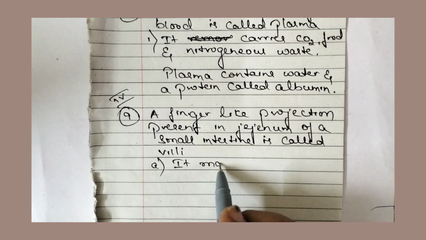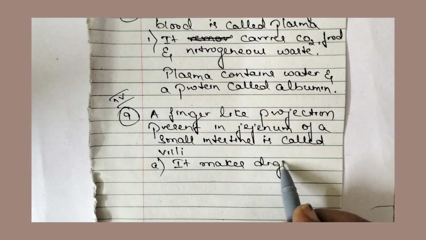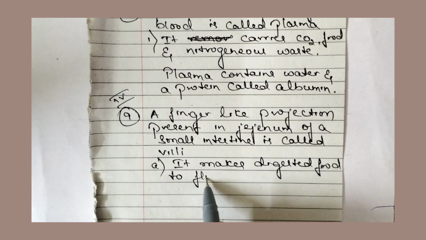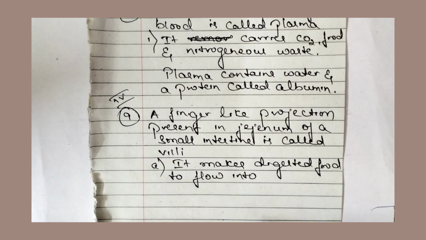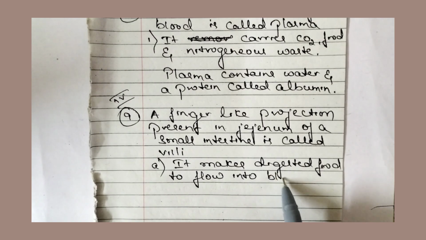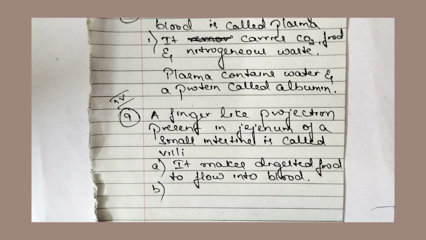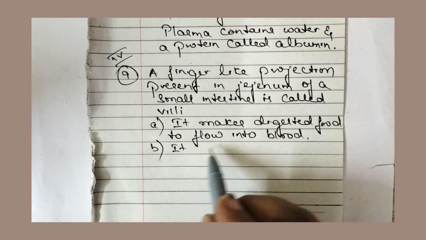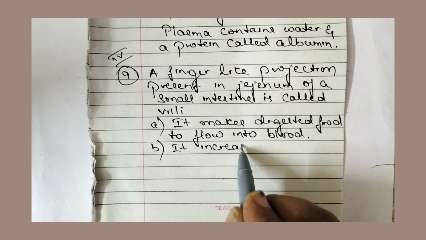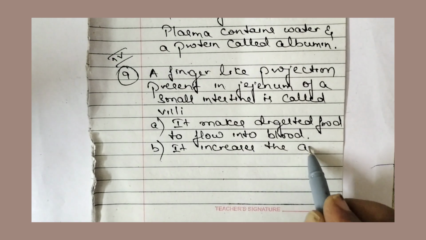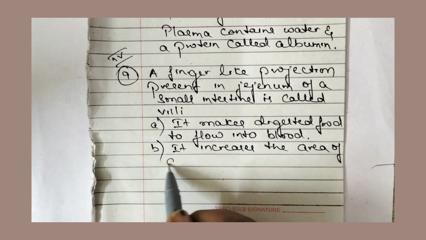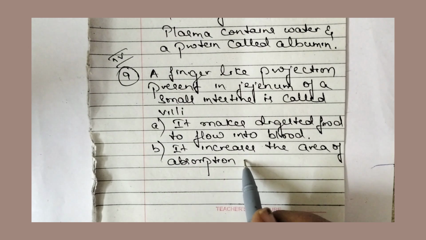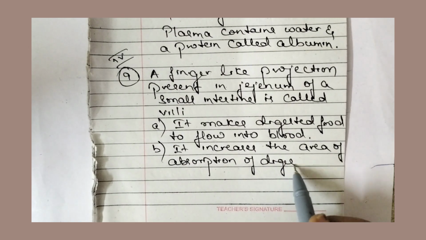What are the functions of villi? It makes digested food flow into the blood. The second function is it increases the area of absorption of digested food.